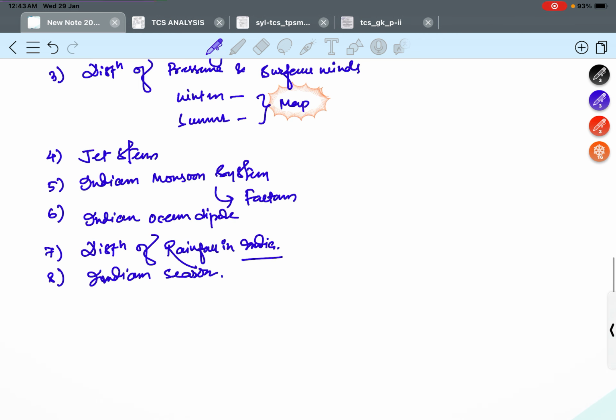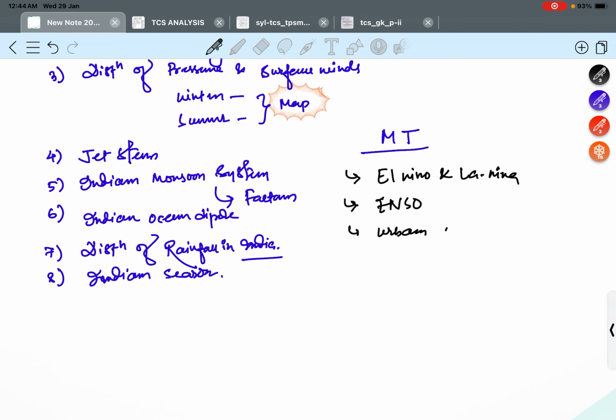And there are also some miscellaneous topics. Those topics are like El Nino and La Nina. These are related to this subject and this topic. And urban climate, there is a new concept called urban climate.